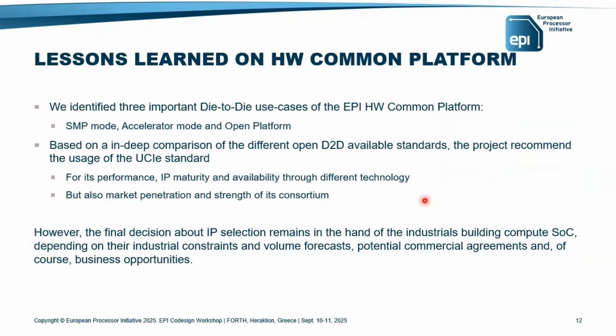Based on a detailed comparison of the different available die-to-die standards, the EPI project recommends the usage of the UCIe standard, for performance, maturity, availability through different technologies, because chiplets could be defined in different technologies, but also for market penetration and the strength of its consortium.